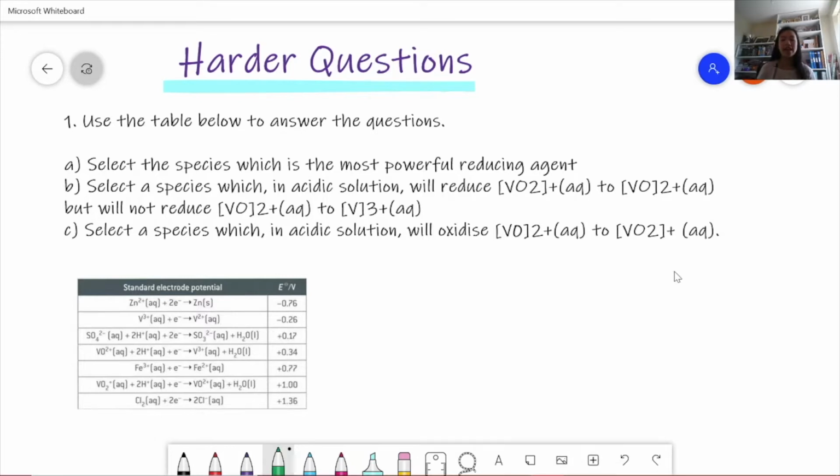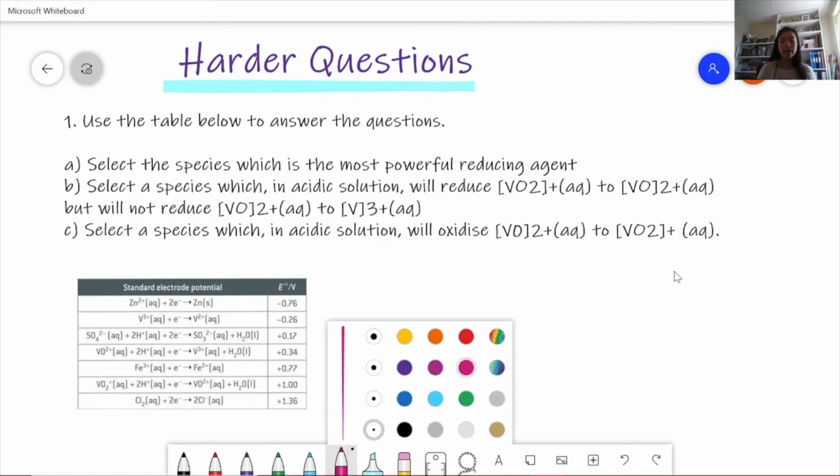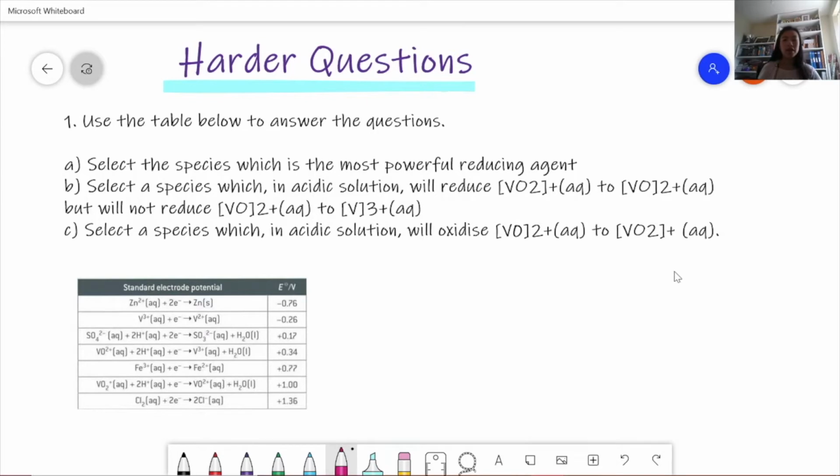For A, select the species which is the most powerful reducing agent. So the meaning of reducing agent is something that loses electrons. So it's an electron donor, because the thing that's being reduced gains electrons, and so a reducing agent is an electron donor.